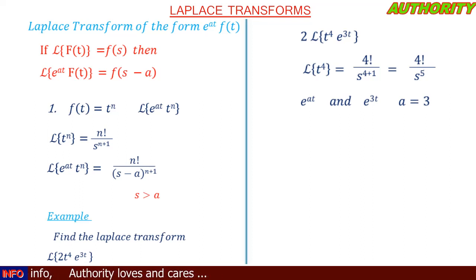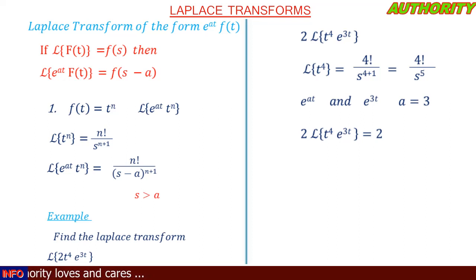Hello. Look at this. We have 2. The Laplace transform of t raised to the power of 4 multiplied by e raised to the power of 3t is equal to, we have 2 first. All right. Open bracket. Now, the Laplace transform of t raised to the power of 4 is giving us 4 factorial all over s raised to the power of 5.